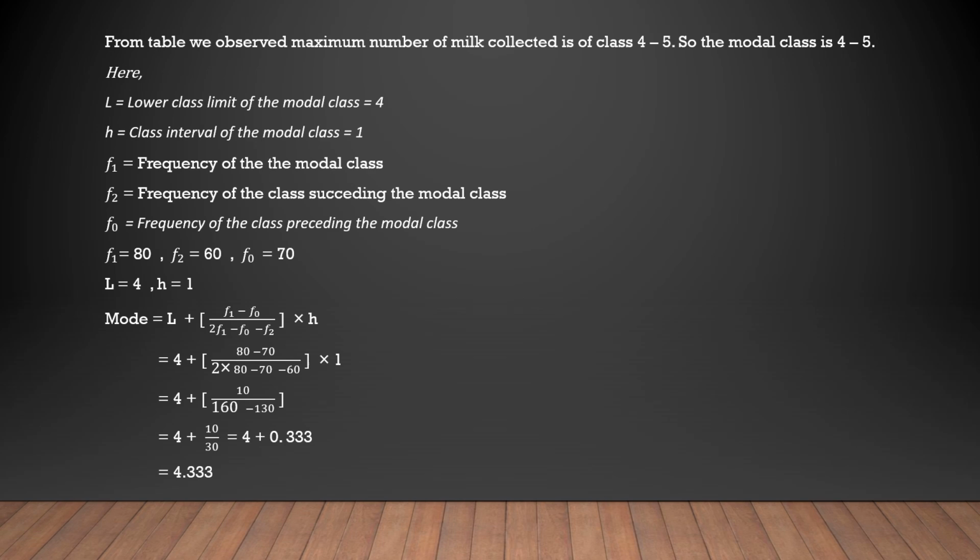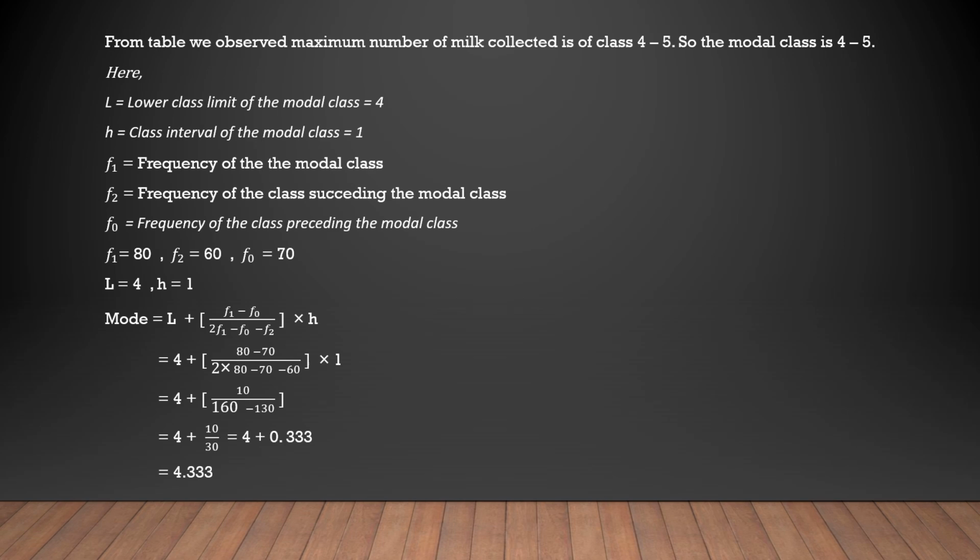F0 is the frequency of the class preceding the modal class. So the value of F1 is 80, F2 is 60 and F0 is 70. Then the value of L is equal to 4 and H is equal to 1.